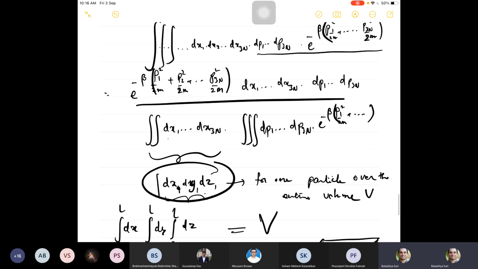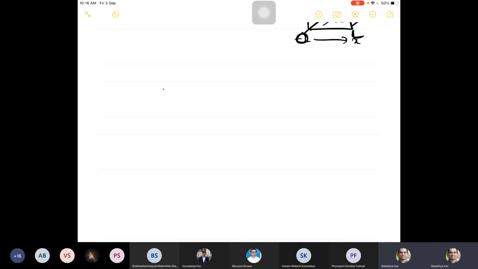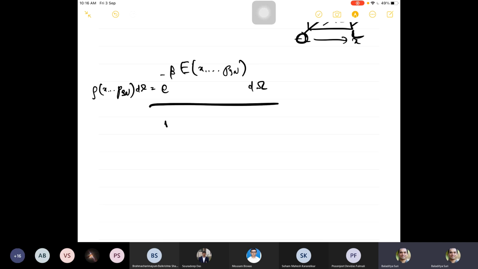So this factor here in the denominator will just give you rho of x1 so on to p3n d omega, which is e to the power of minus beta capital E, p3n d omega divided by V power n.